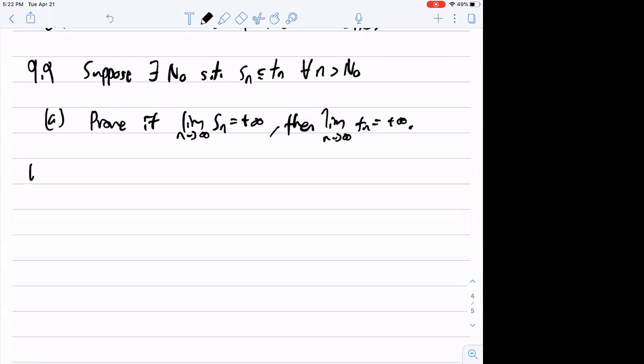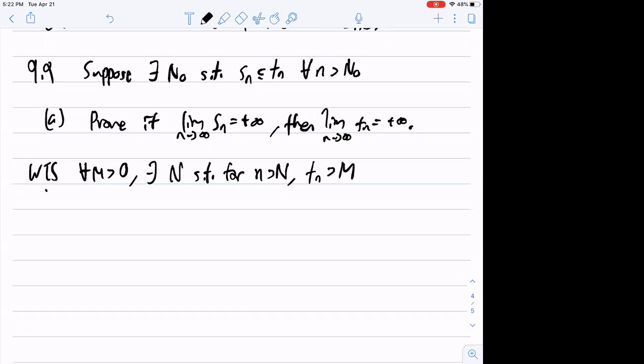So we want to show first, in this case the sequence is Tn, for all m bigger than 0, there exists N such that for n bigger than N, Tn is bigger than m, right? So I need to show this holds for all m bigger than 0, so let m be bigger than 0.